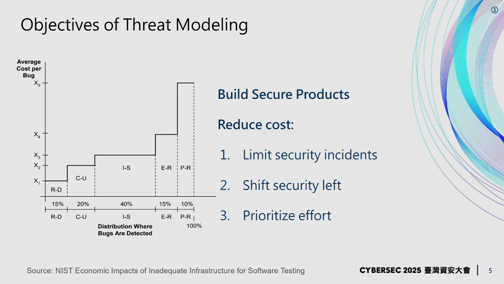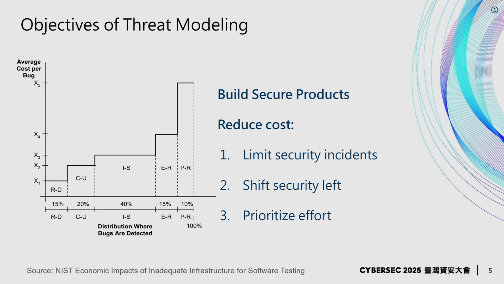So, why do threat modeling? Of course, it is about making a secure product and software, but from a business perspective, it's about cost optimization. We want to limit the number of security incidents, which later cost the organization, and nobody wants to make the headlines in the news. The second element to reduce cost is shifting the effort left.